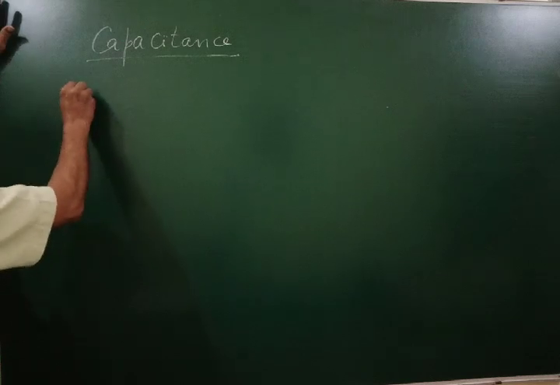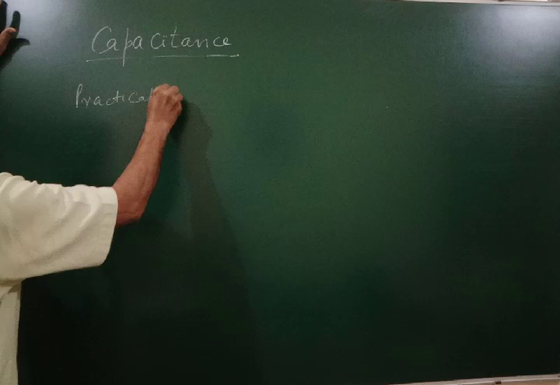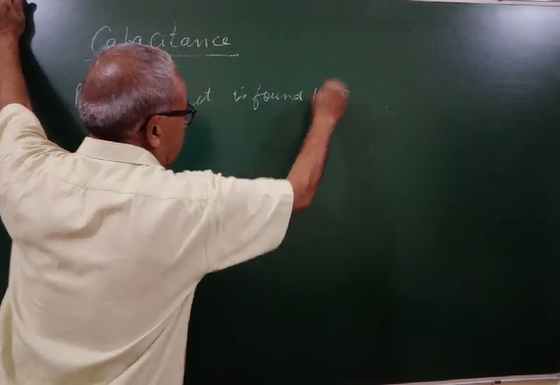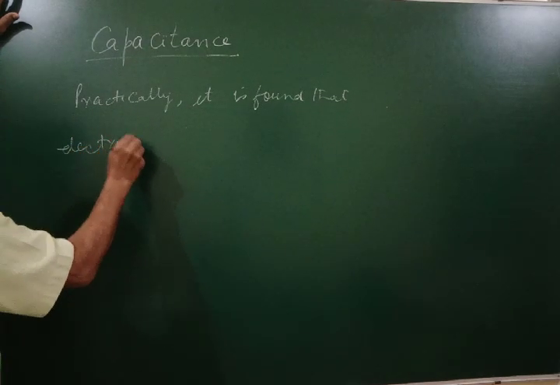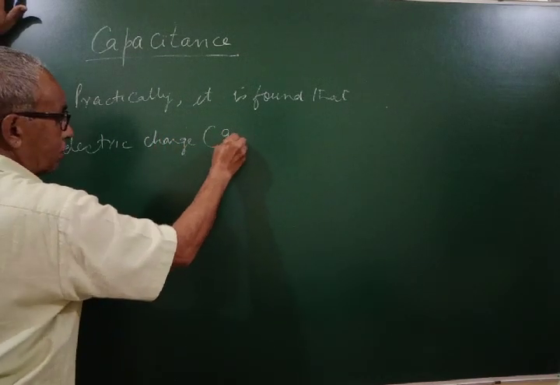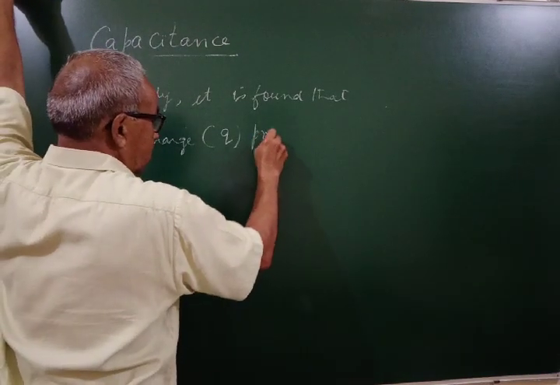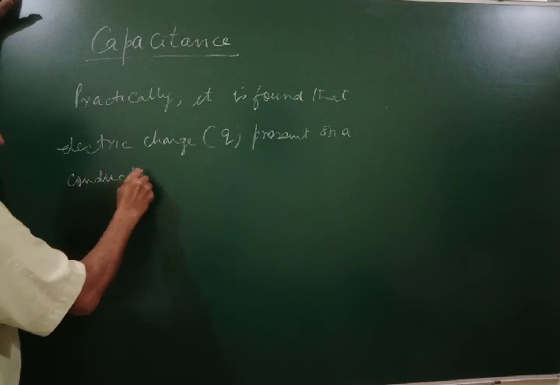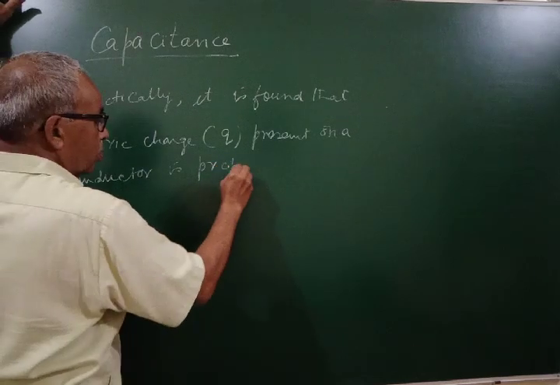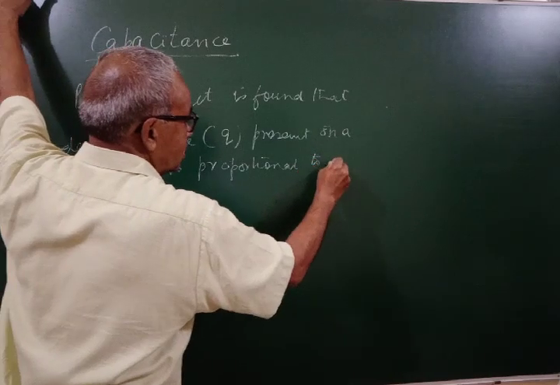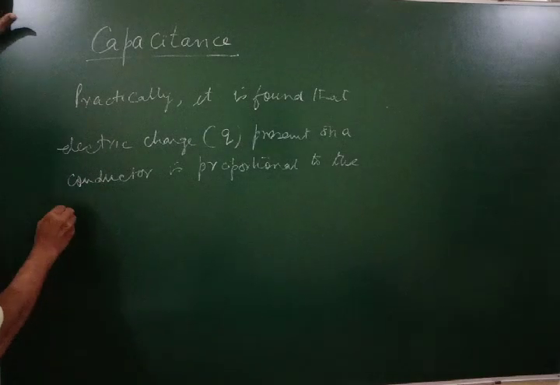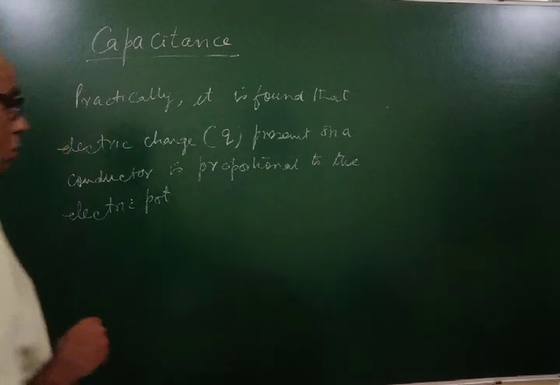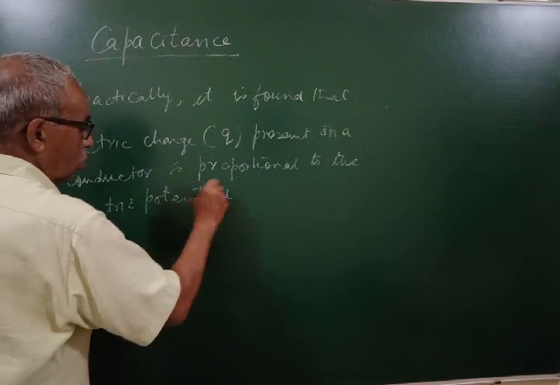We know practically, it is found that the electric charge, Q, present on a conductor is proportional to the electric potential of the conductor.